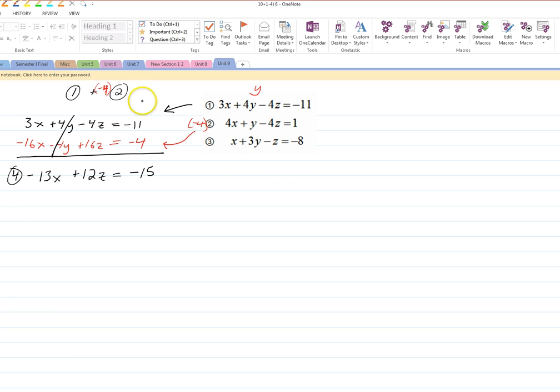Now, we worked with equations 1 and 2. Now let's work with equations 2 and 3. So working with equation 2, again, we're getting rid of the y's, so I want this now here to be a negative 3. So I want to multiply that whole equation by negative 3.